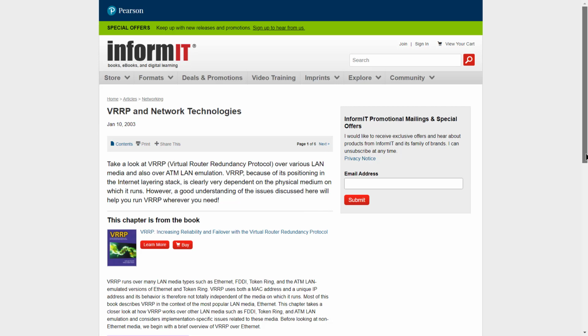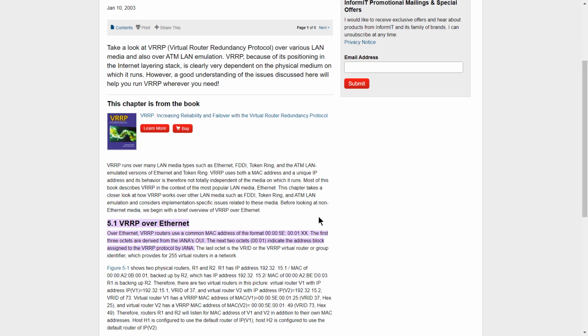If you scroll a bit down, it explains VRRP over Ethernet. Over Ethernet, VRRP routers use a common MAC address, and the format is 00:00:5E:00:01:XX, where XX is the variable. This is the correct format of the virtual MAC address used by the router for VRRP.